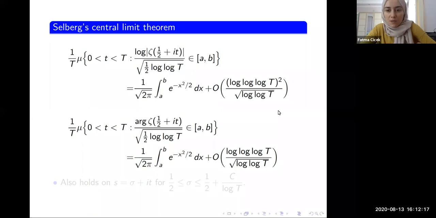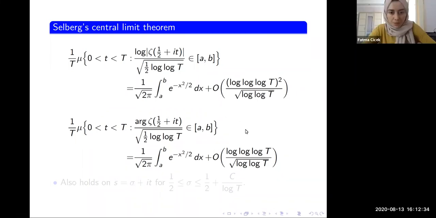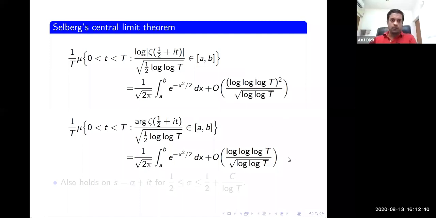And we have an explicit error term for the rate of convergence, for how fast the distribution function of the real part of the logarithm of zeta converges to the distribution function of a standard Gaussian normal variable. And we have a similar statement for the imaginary part of the logarithm. And in that case, we have a better error term.